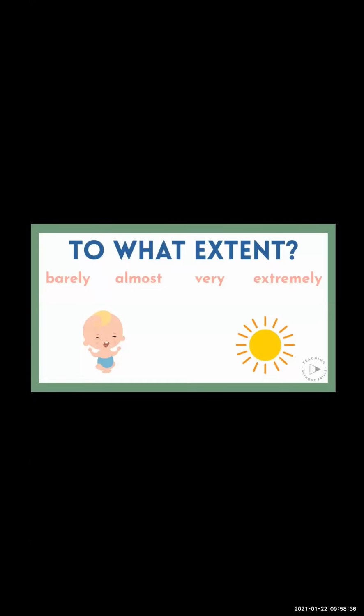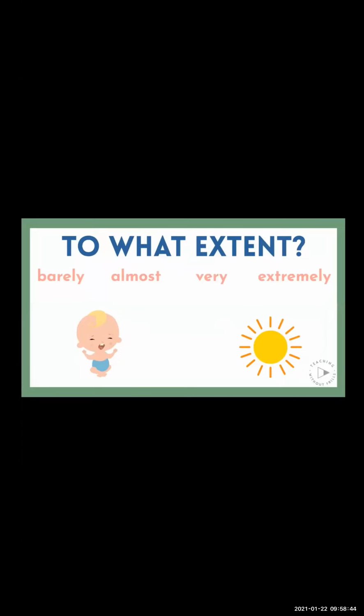Almost I was crying, but almost I was finished. So all these are giving you the how much. You are asking the question how hot it was. So all these are adverbs in the sentence.